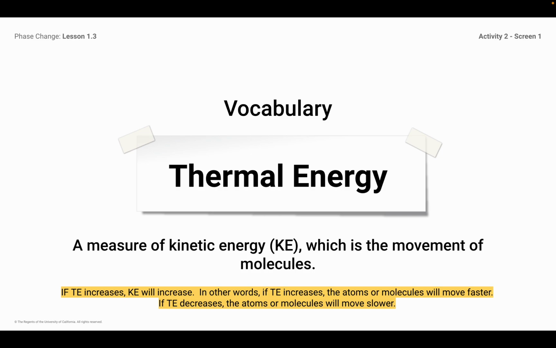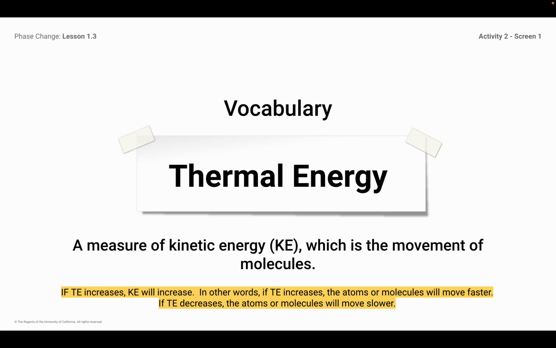So if I have increased kinetic energy or decreased kinetic energy, then my thermal energy is going to also increase or decrease. If you rub your hands together pretty slowly, the thermal energy is going to be low because the kinetic energy is low.